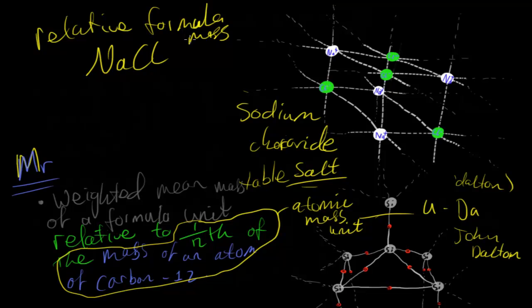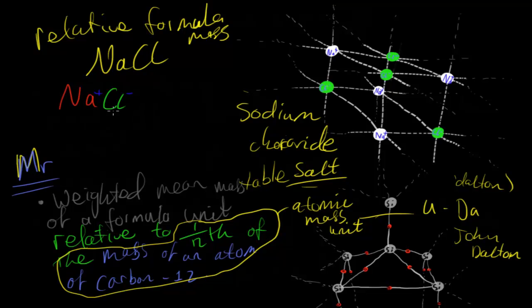Now, let me go back to that example of NaCl. I'll write Cl in green because chlorine is usually quite green. Let me just draw the charges.